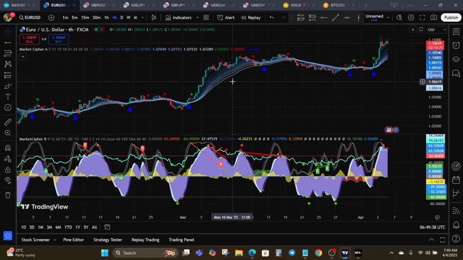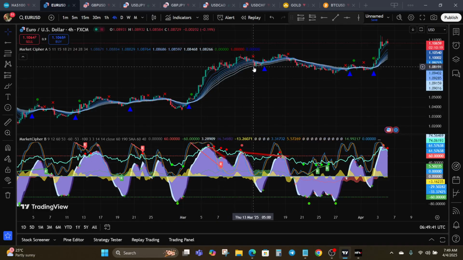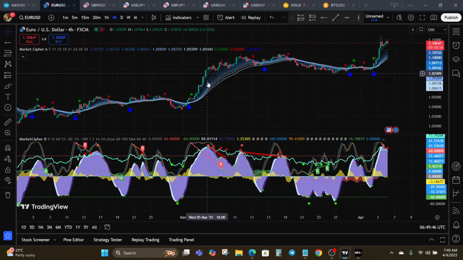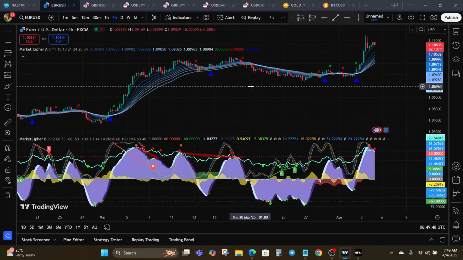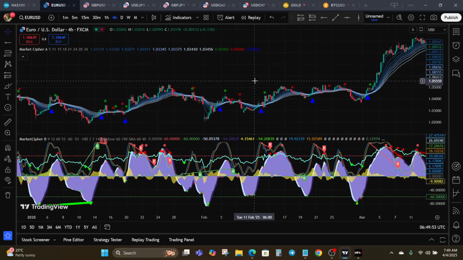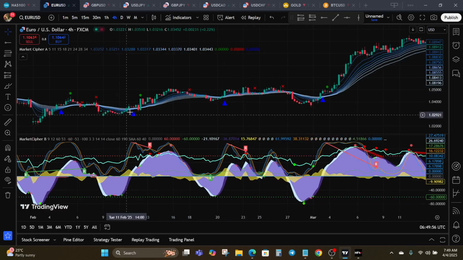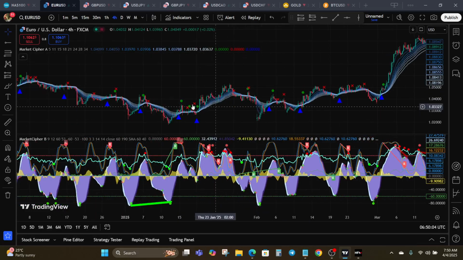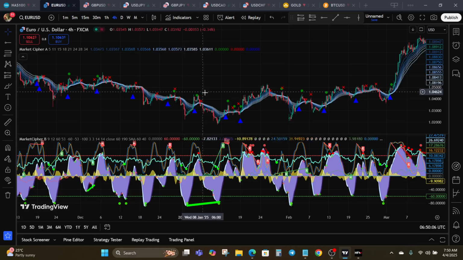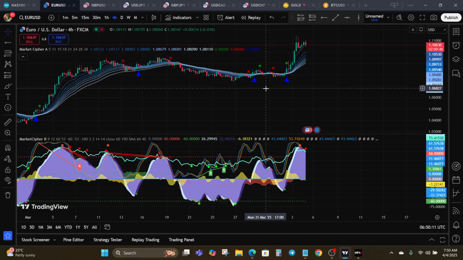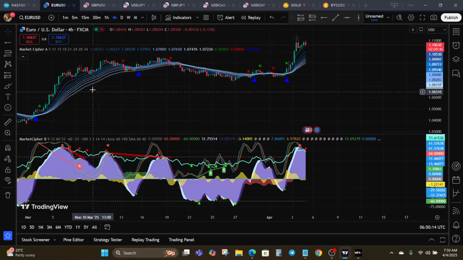Market Cipher A is your on-chart indicator. It overlays your price chart with EMA ribbons, as you can see. You can see that there are also blue triangles and green dots showing possible reversal points right there on your chart, in addition to the EMA ribbons.